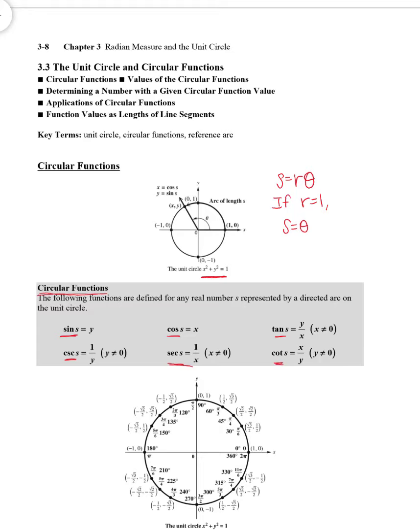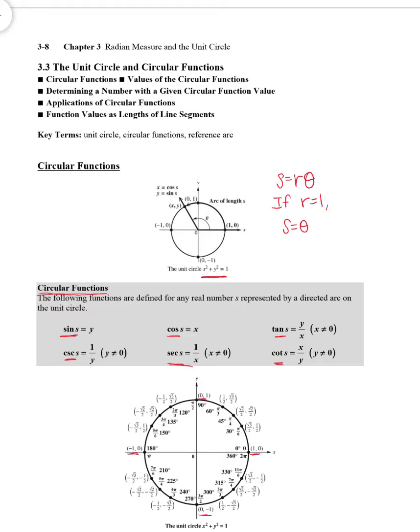So for the unit circle, you've already memorized something that looks like this that just had the angle measures. Now if we restrict the circle to be a unit circle, that means that r is equal to 1. And so do you see how we have ordered pairs here? And on the quadrantal angles, you can see we have 1, 0, 0, 1, negative 1, 0, and 0, negative 1.